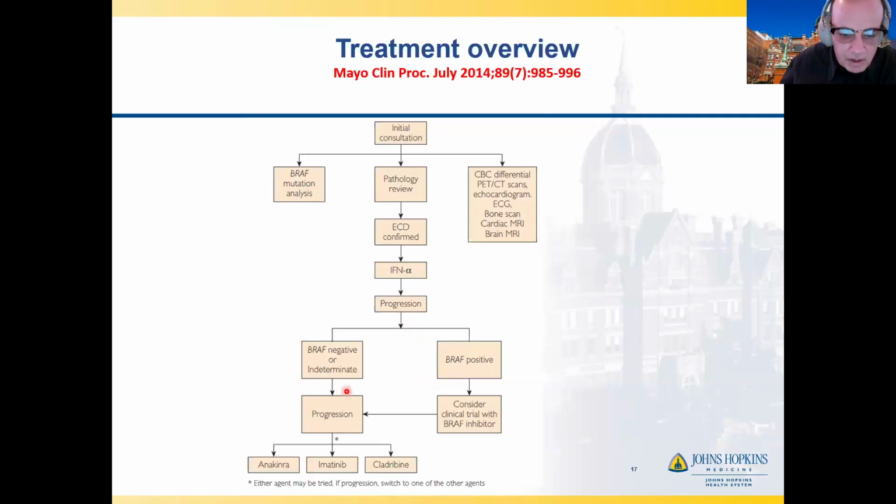And if it's BRAF negative or intermediate, we used to use a lot of other medications, and anakinra, which is a cytokine inhibitor. This is imatinib, another drug that we used in the past. I don't use it anymore. Cladribine as well was one of the other medications.